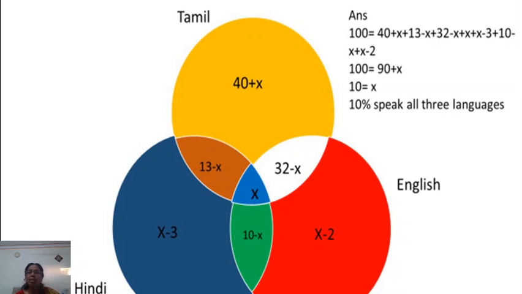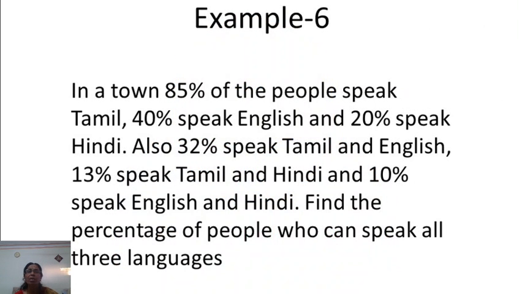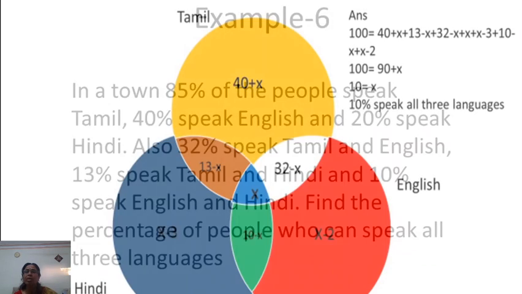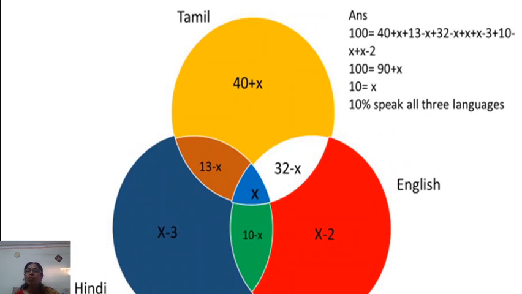So how to find the total? Total people are 100. It is given for people in a town, and the percentage is given, so take 100 people. In that 100 people we have to find the people who are speaking all three languages, that is Tamil, Hindi and English.